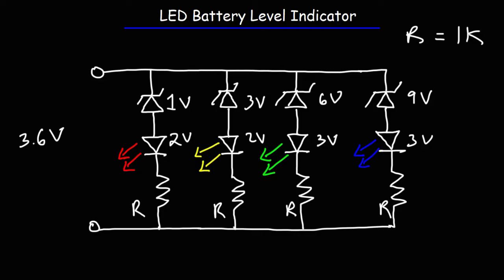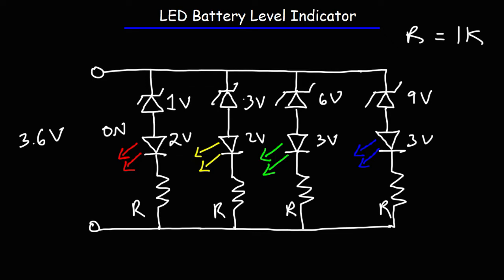So looking at the first branch, the total voltage drop is 3 volts. So if we apply any type of battery that has a voltage of 3 volts or more, the red LED will be on. So 3.6 exceeds the total value of that number, so the red LED will be on.